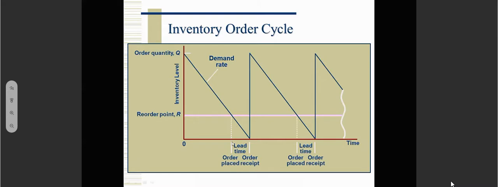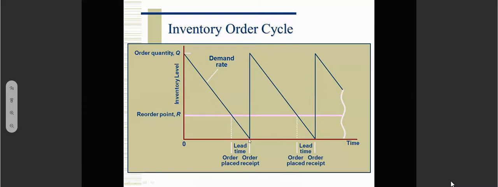So, of course, when determining how much to order, it must also include the lead time in the inventory policy here.